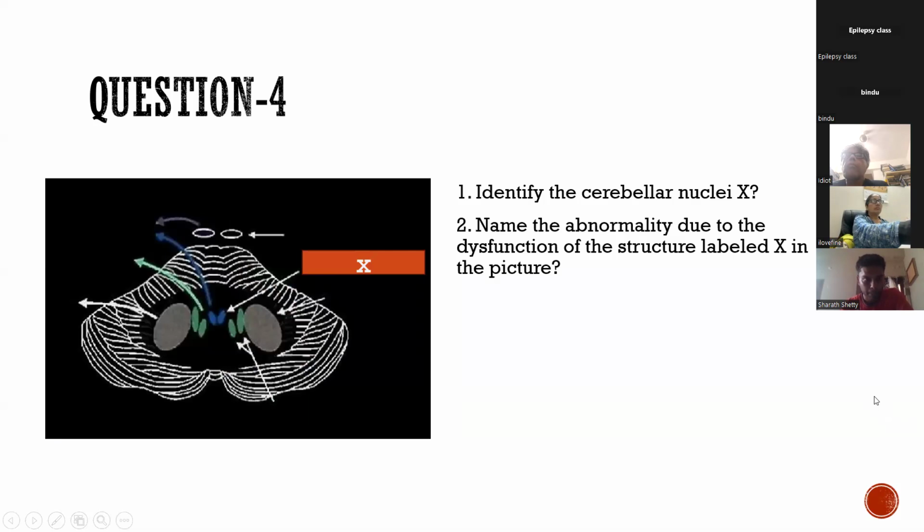Next question. Identify the cerebellar nuclei marked as X. Name the abnormality due to the dysfunction of the structure labeled X in the picture.